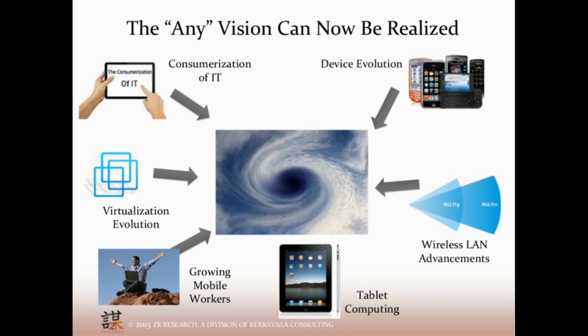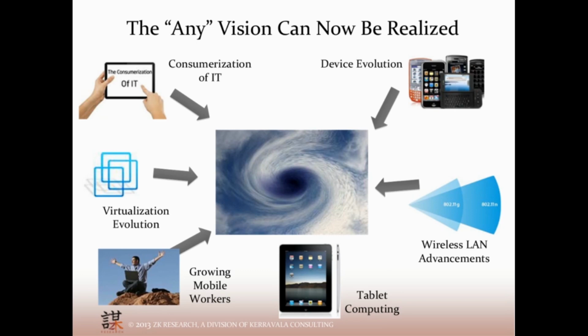Wireless advancements, both wireless LAN, and I put wireless LAN because it's a corporate audience, but even on the cellular side, between 4G and wireless LAN, there's really not much that you can do over wired that you can't do over wireless. I agree, there's a couple of apps like telepresence that will probably always work better over wired. But for the most part, most corporate applications work fine over wireless today, and that's allowed us, again, to do more work in more places.